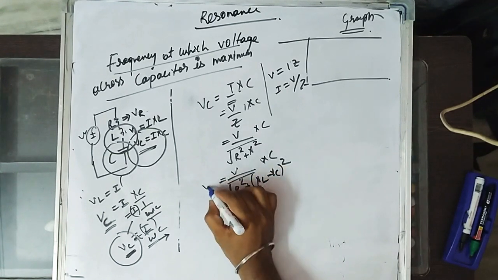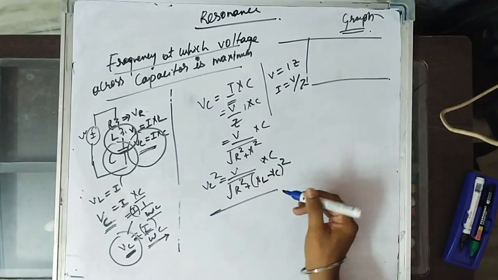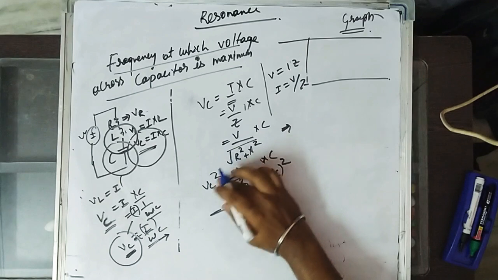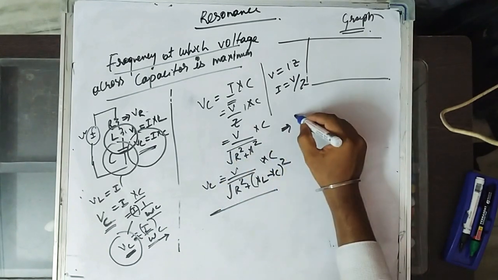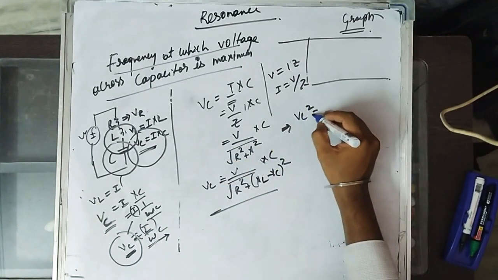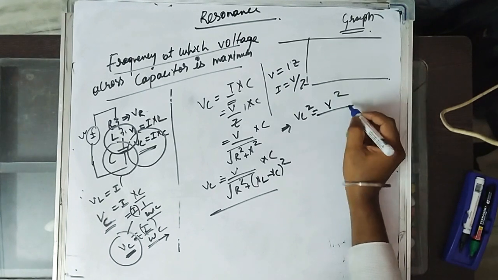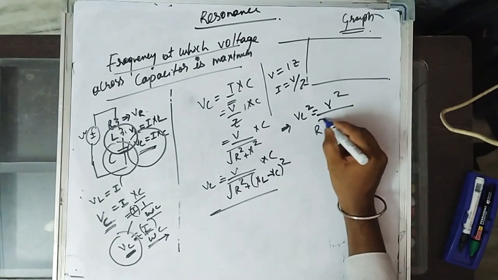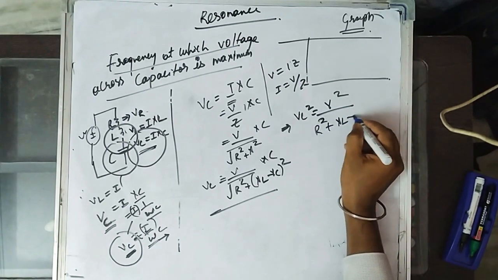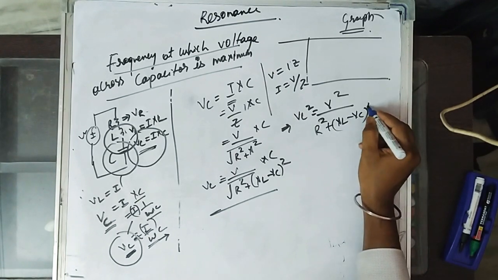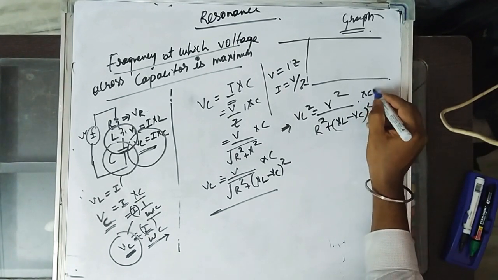Squaring this, we get Vc square equal to V square into Xc square divided by R square plus XL minus Xc whole square.